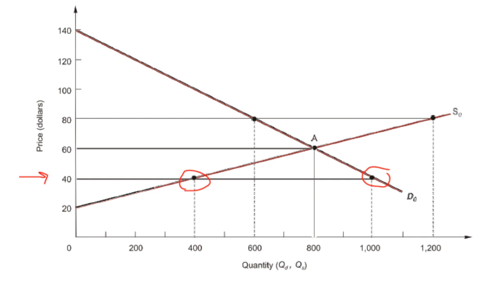So some people will fall out of demand, other people will stay, and the price will rise just till $60 and 800 units. Okay? That would be the adjustment to get us to A.